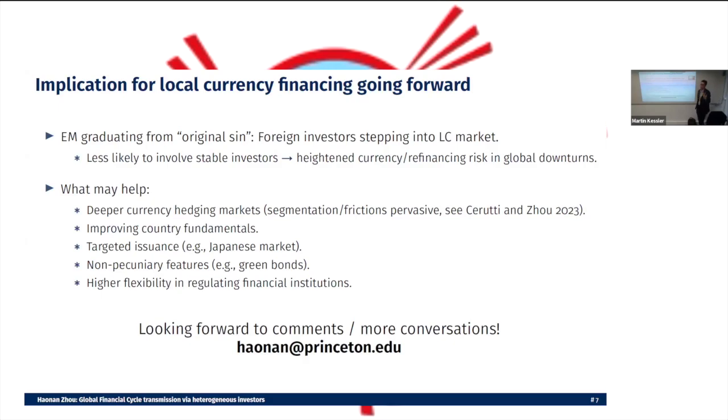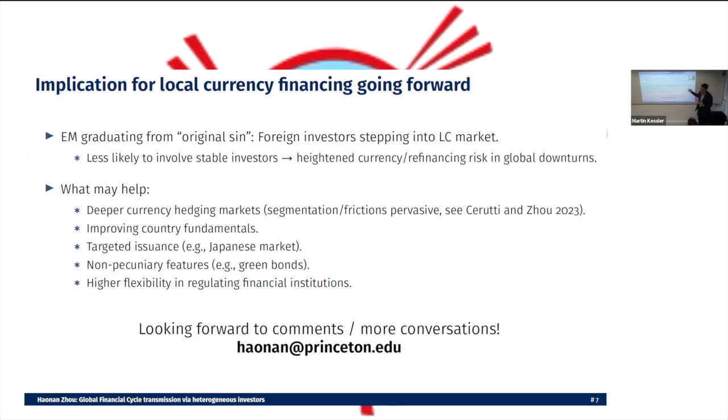But potentially there's more to do in terms of global coordination. From the standpoint of these emerging markets themselves, potentially improving country fundamentals and developing a deeper currency hedging market to get rid of some of the currency risk for these foreign investors might also help. But at this point, I have another paper with Eugenio Cerruti at the IMF showing that segmentation frictions, large CIP deviations and high hedging costs remain a barrier here.